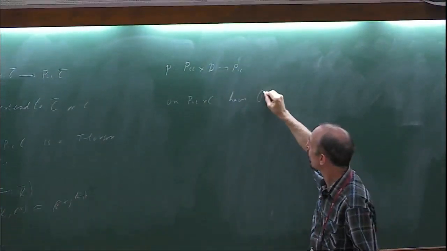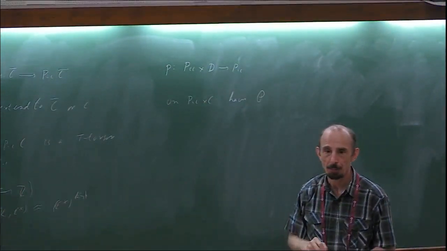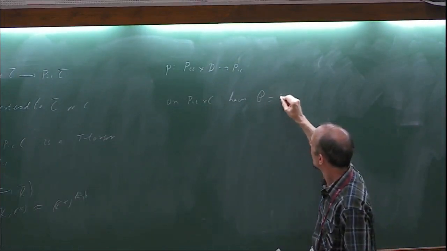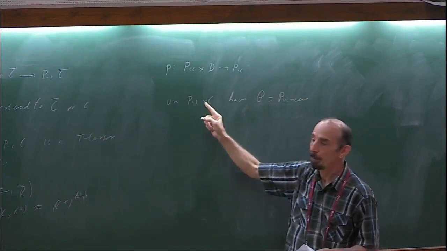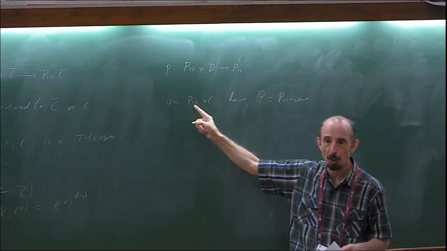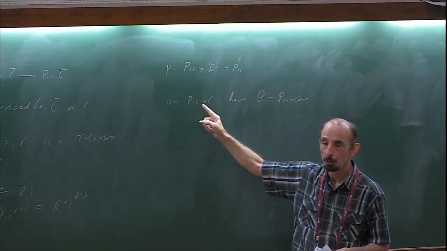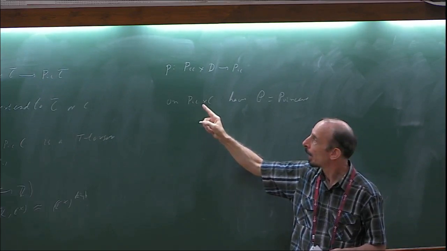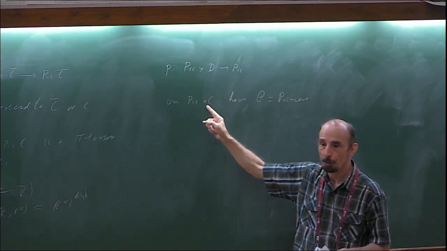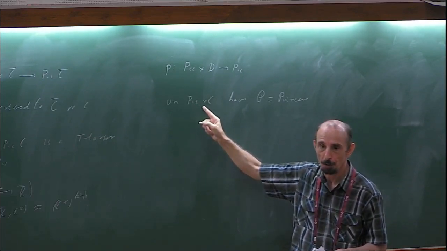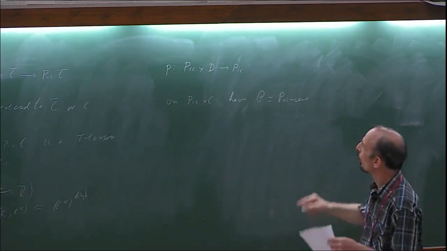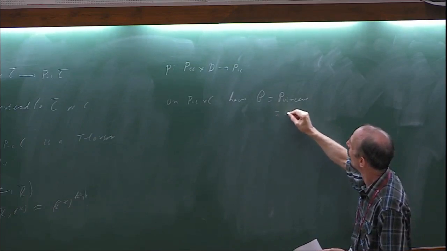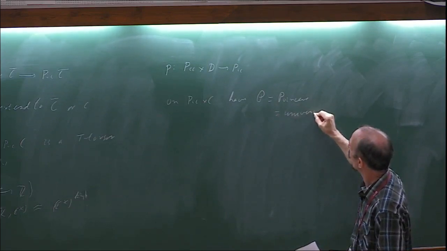It's called the Poincare bundle, so I'll call it script P. It's a line bundle on the curve cross Picard with the property that its restriction to each point here across the curve is a line bundle on the curve given by that point in the Picard. So this morning it was called the universal bundle.